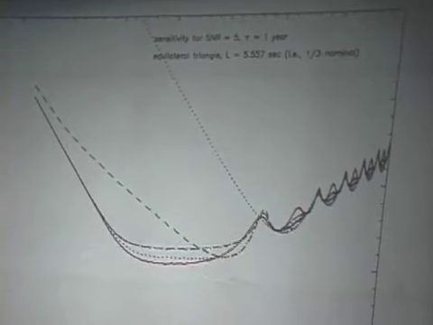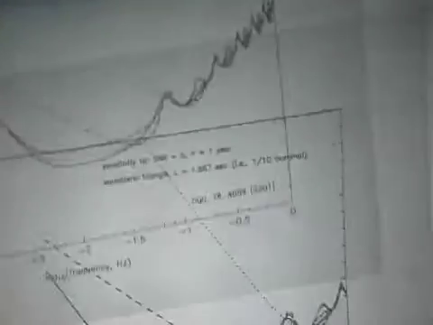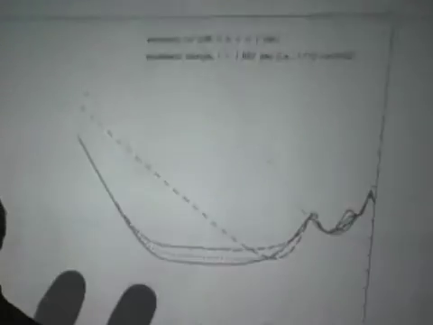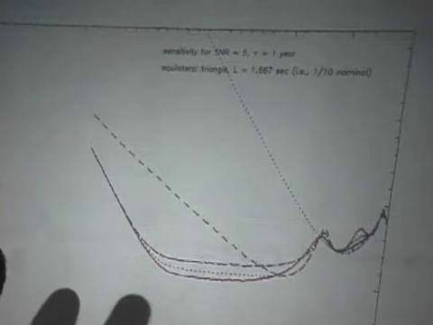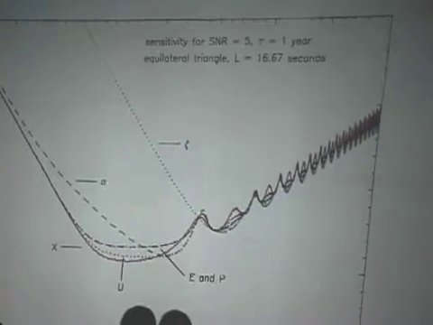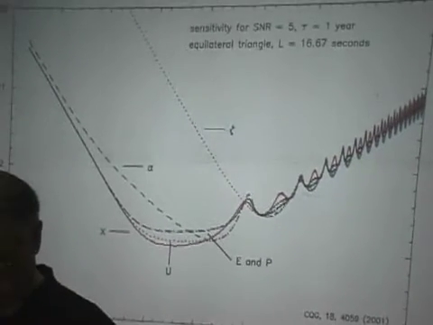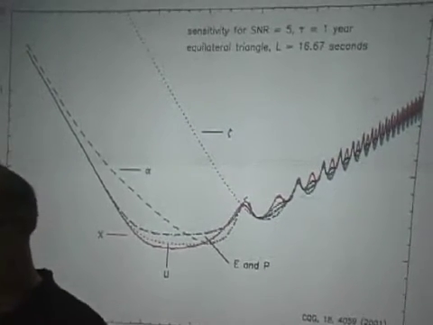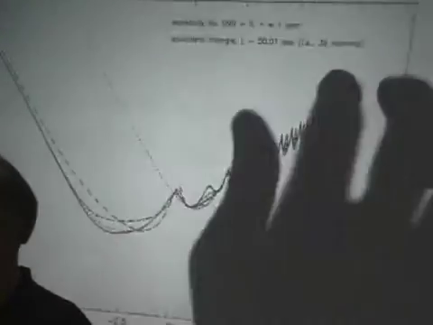And if you divide the arm length by 10, it looks like that. And if you were to make it 3 times longer, sorry, that's nominal. If you were to make it 3 times nominal, it looks like this.